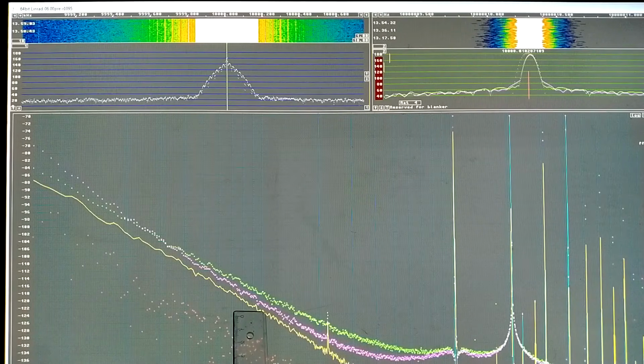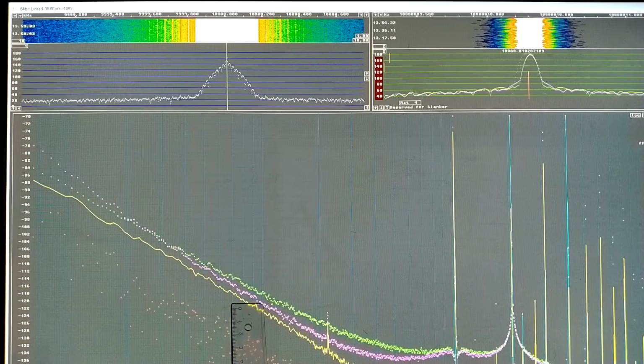Actually, it is only 2 decibels above this yellow trace, so it is probably just a little better than minus 123.